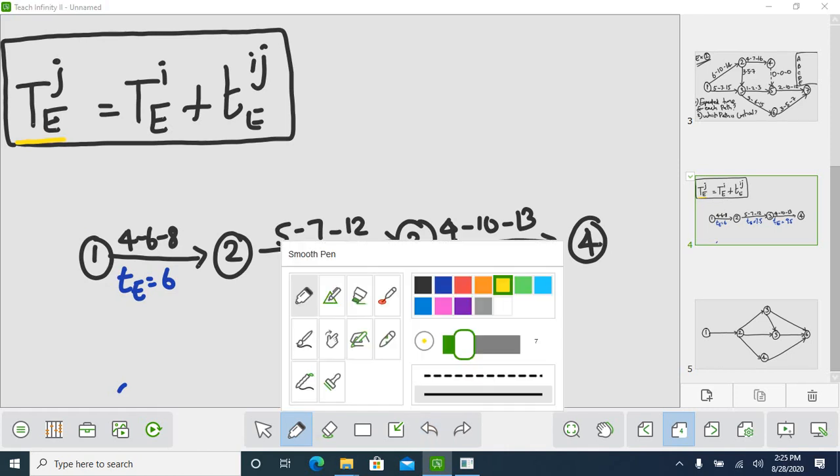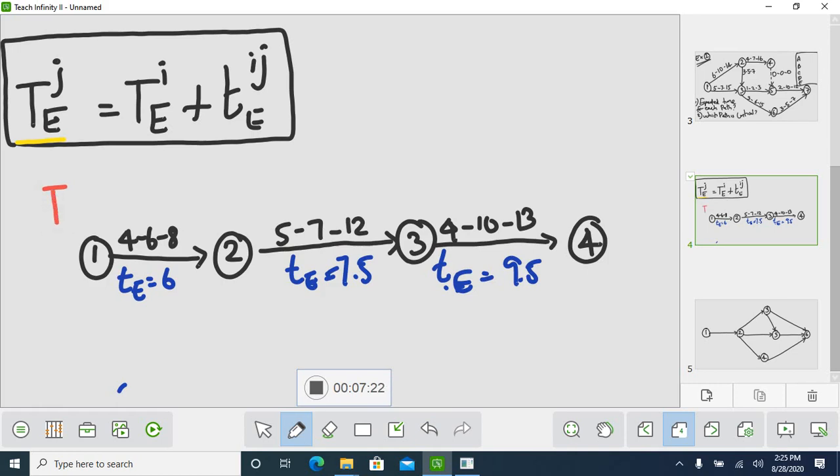You can write it above your node. TE equals 0 because this is the start event, it does not have any earliest expected time. Before 1 we don't have anything, so for event 1 the earliest expected time is always 0.